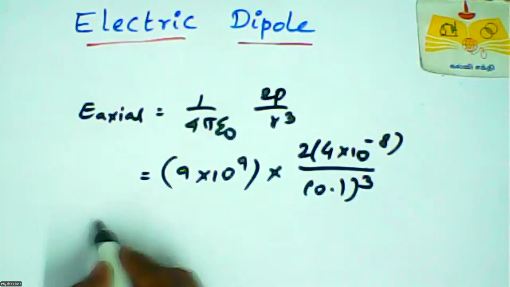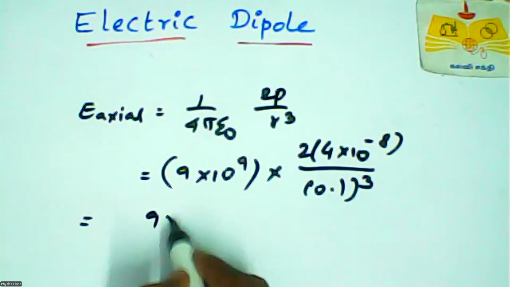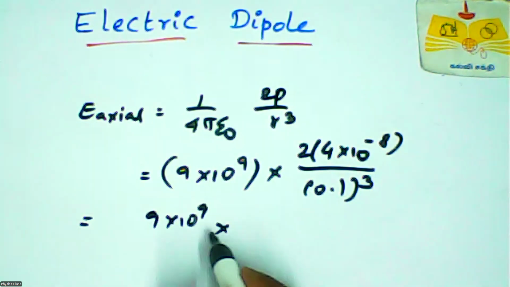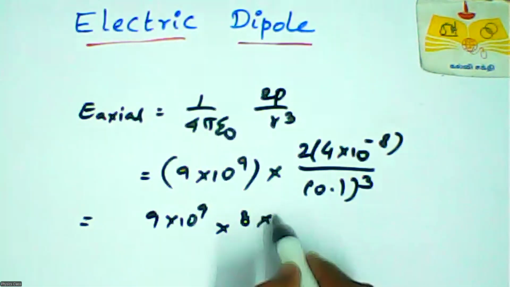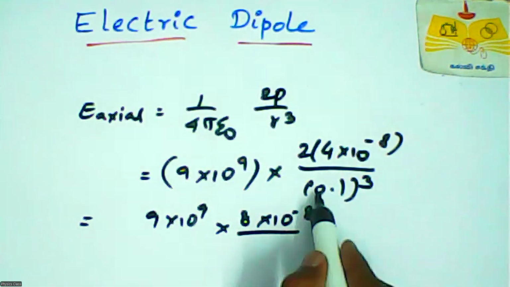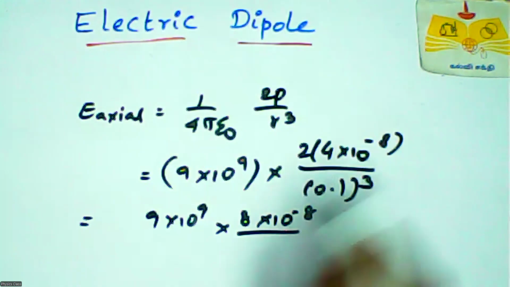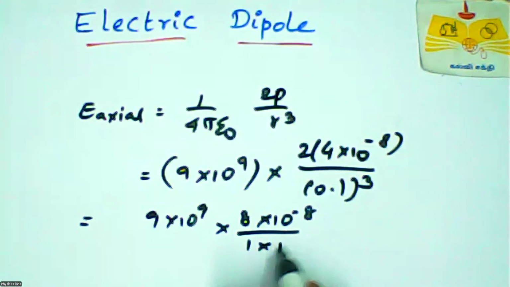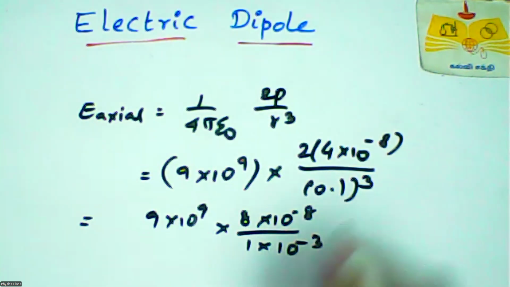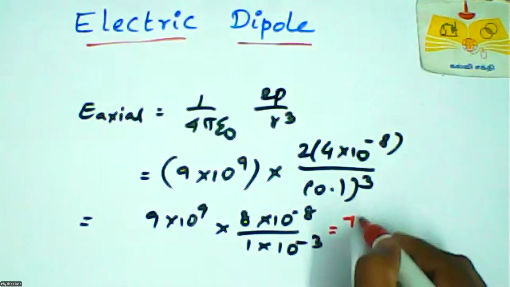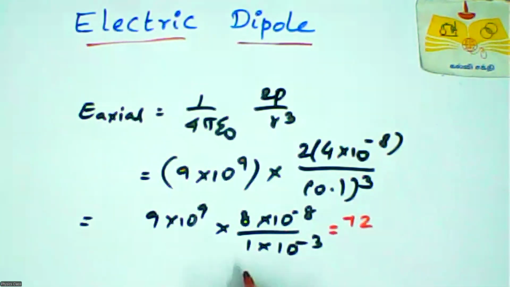So 9 into 10 power 9, 2 into 4 is 8, 8 into 10 power minus 8, over 0.1 the whole cube, so we can write 1 into 10 power minus 3. 9 into 8 is 72.